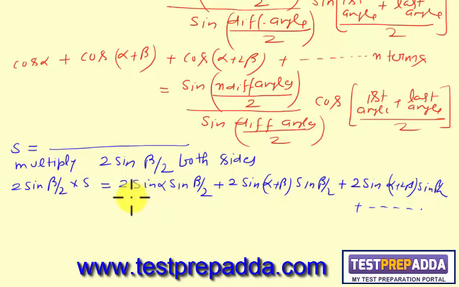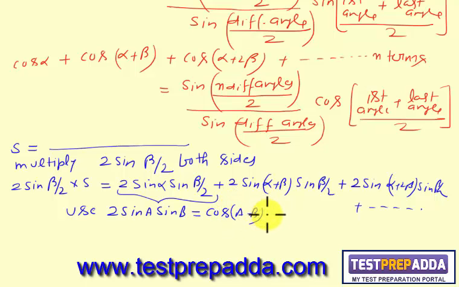Now you can see 2 sine A sine B. So now use 2 sine A sine B is equal to cos A minus B minus cos A plus B. The transformation of product into the difference. Okay.